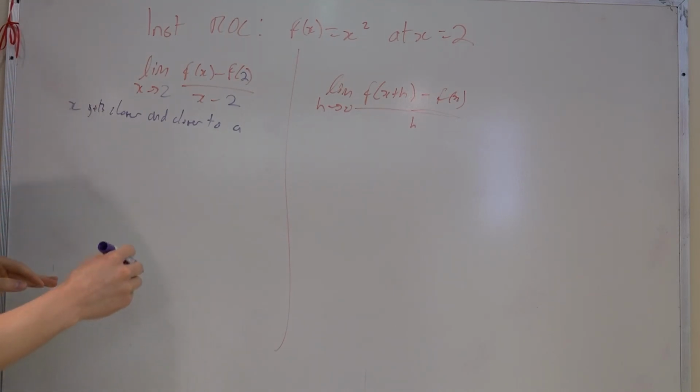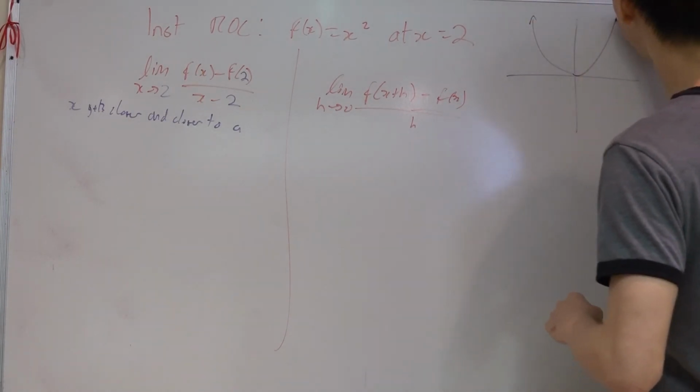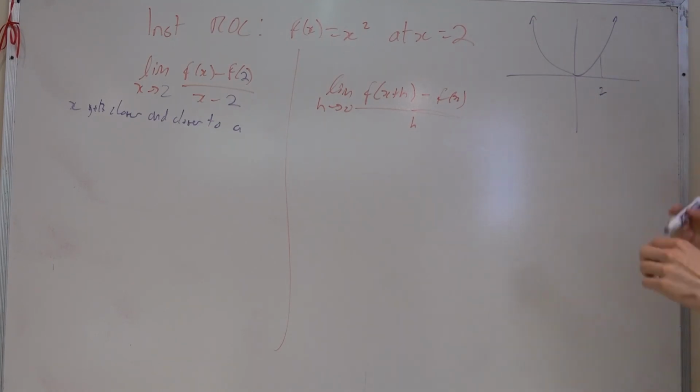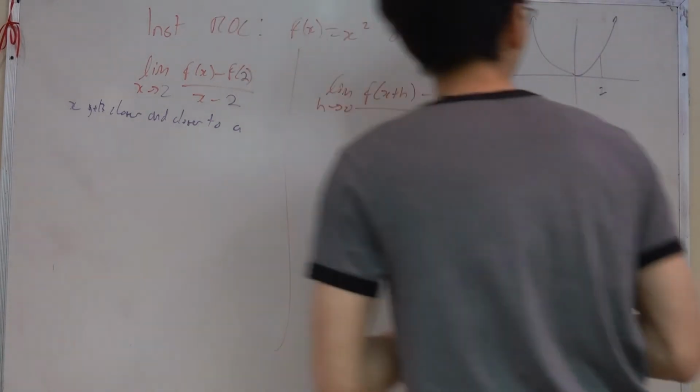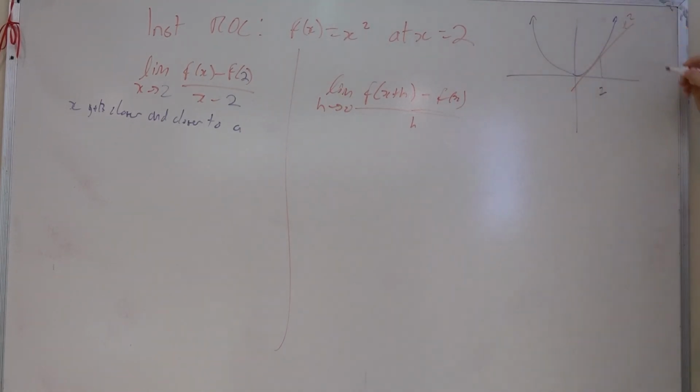Just graphically what's going on, I'll put it up here maybe, is that we have our function x squared, and at 2, we want to figure out what the instantaneous rate of change is, which means if I draw a tangent line to x squared at the point 2, 4, I want to know what the slope of this line is. Remember?